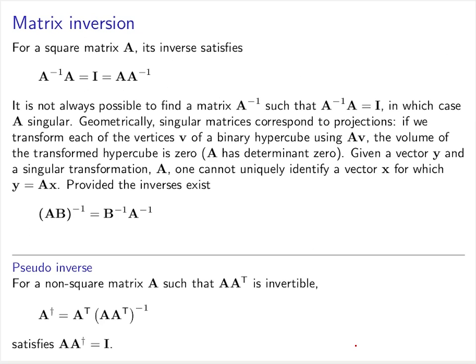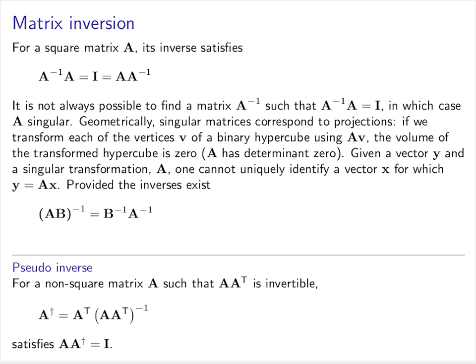Actually, we talk about it right now. The matrix inverse of A only exists if A is itself a square matrix. There's no nice definition of a matrix inverse for non-square matrices. We will see one on the same slide later on, but in general the matrix inverse of A is only defined if A is a square matrix.